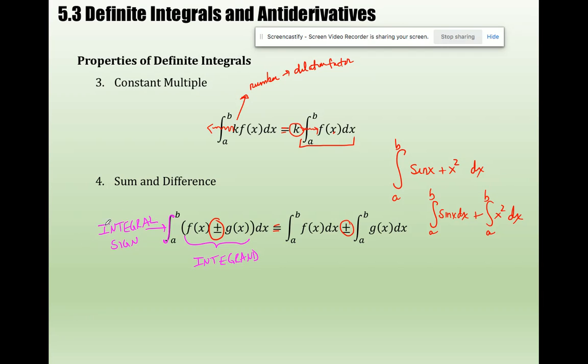But what's inside, in between the integral sign and the widths, the heights, are called the integrands. Okay? So f of x is the integrand for integral 1. g of x is the integrand for integral 2.